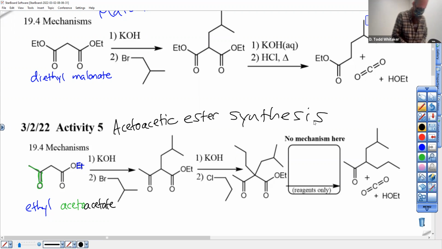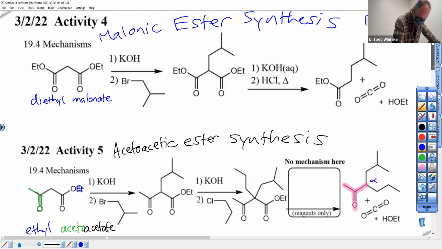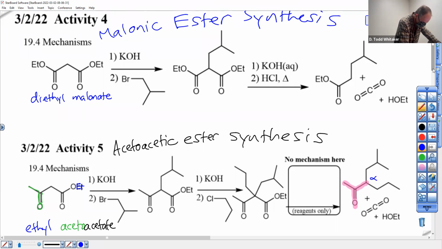And what do you get during an acetoacetic ester synthesis? Highlighter says you get acetone with new groups on this alpha position. What do you get in a malonic ester synthesis? You get a malonic ester.